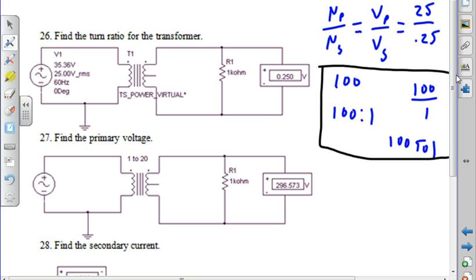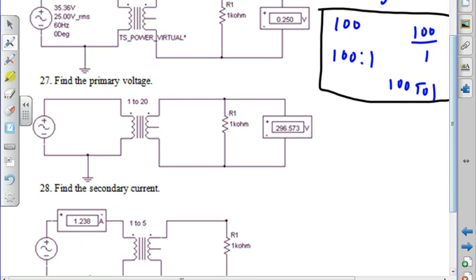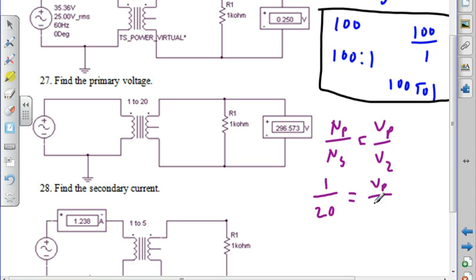Okay, problem number 2, the primary voltage. Same formula. The turns primary to turns secondary is the voltage primary divided by the voltage secondary. So I've got 1 to 20 is equal to 296.573.